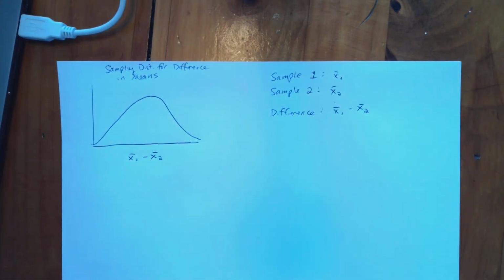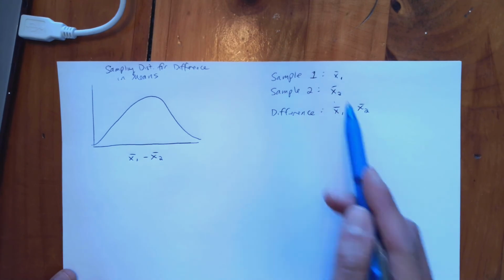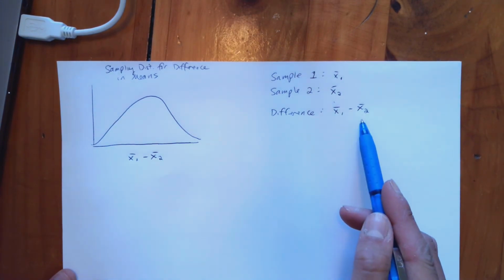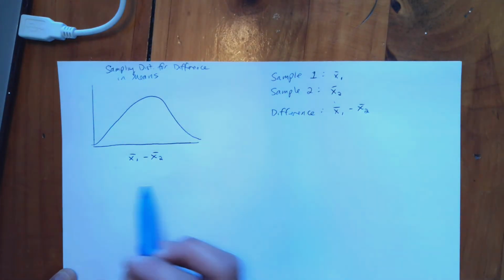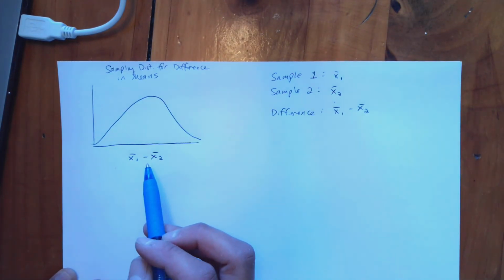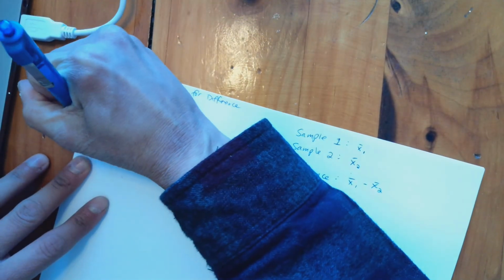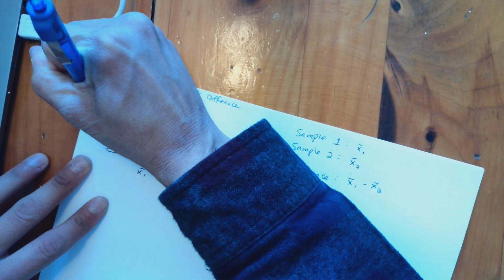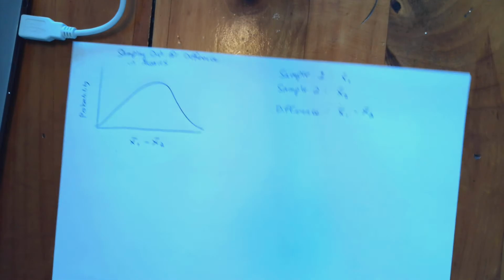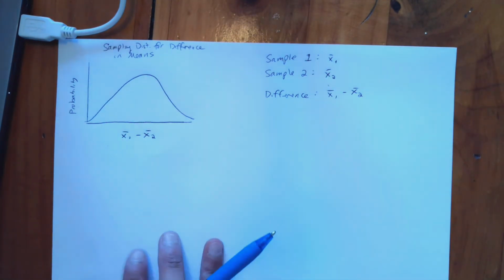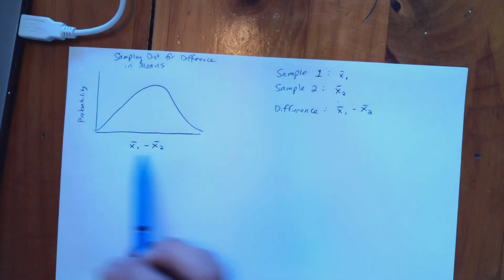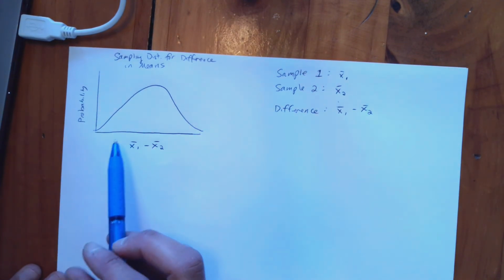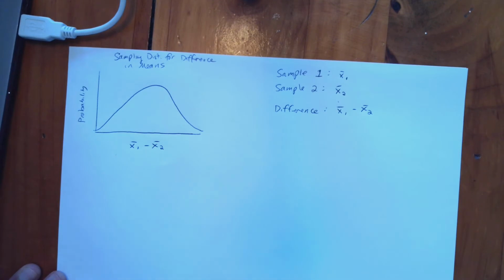So you take a bunch of samples, you can get different values for these, which means that your difference comes out to a different value. And here we're always plotting the difference in sample means, and then the probability of getting each one. So how this sampling distribution is different from the ones we've seen before is that instead of having just one sample mean here, we have a difference in sample means.